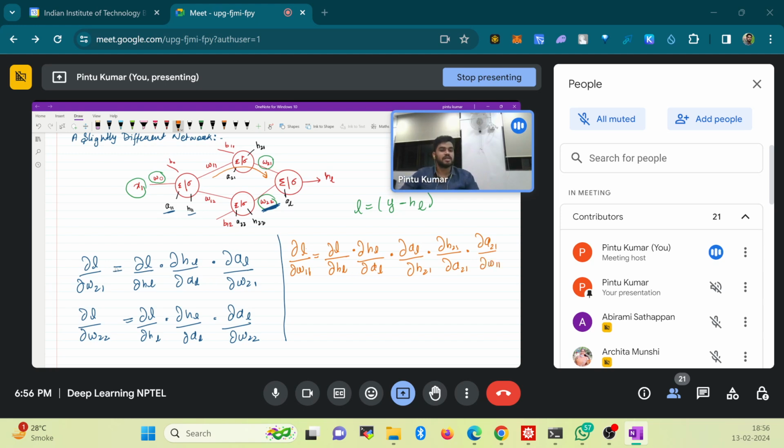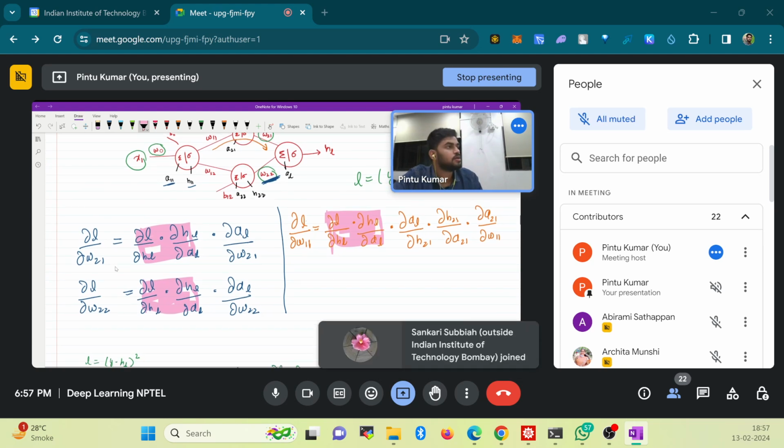Is this clear? Why did we obtain this? Any doubt in how we obtained del L by del W11? You can see that these two terms are common, so if you have calculated them in the above example, or in an upper layer, you can still use them.